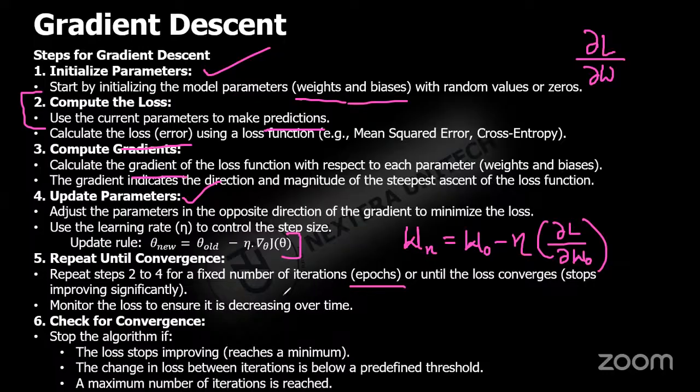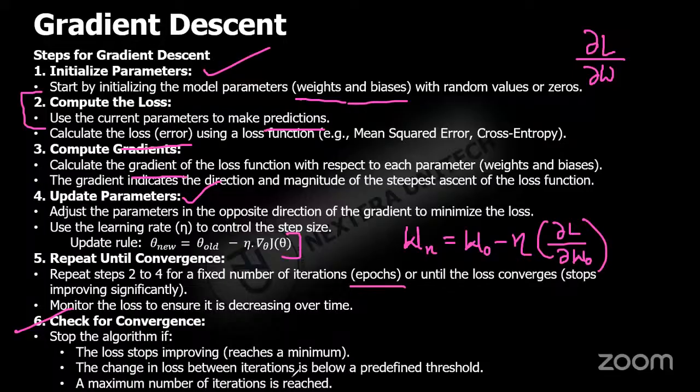Finally, it checks for convergence. It stops the algorithm if the loss is not improving. It also stops once it reaches the maximum iterations.